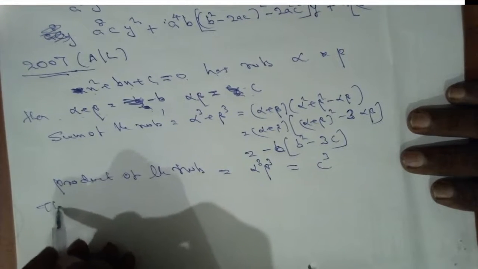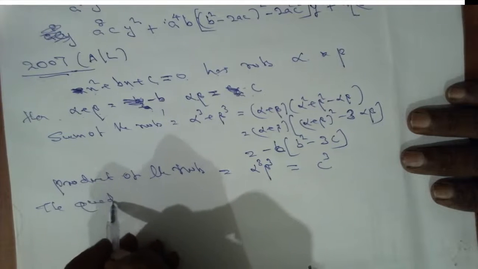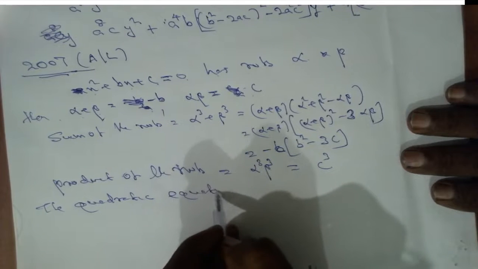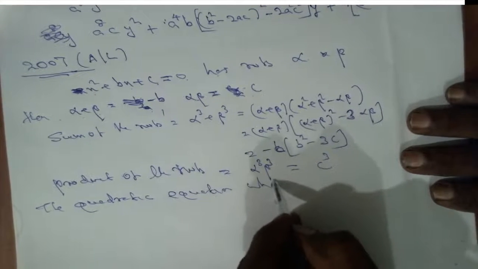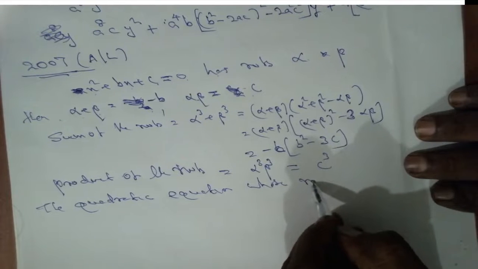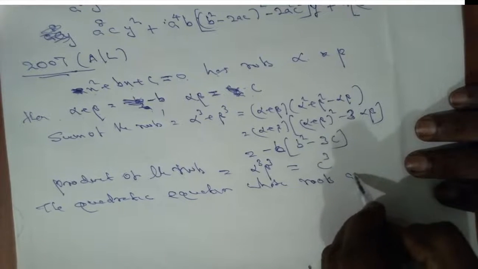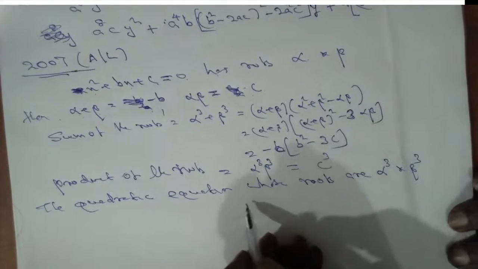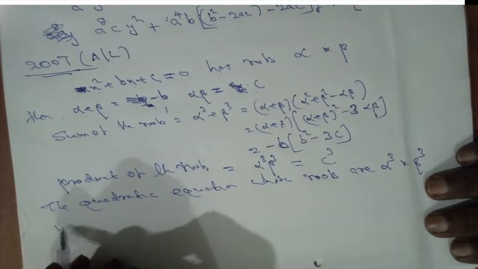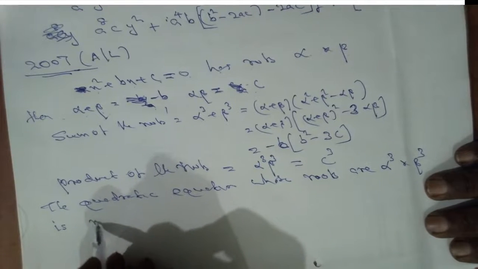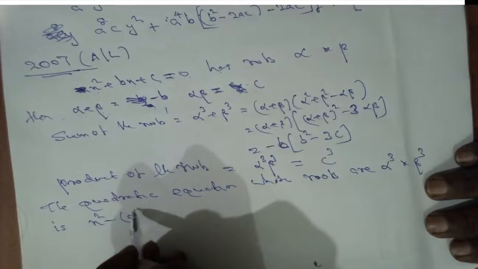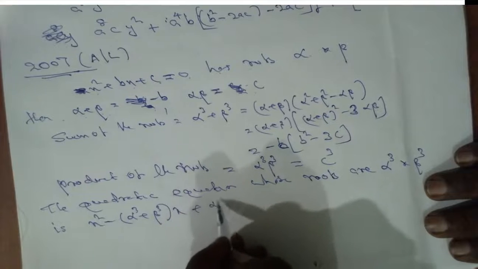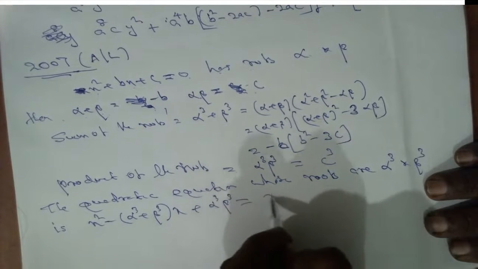The quadratic equation whose roots are alpha cube and beta cube is x squared minus alpha cube plus beta cube times x plus alpha cube beta cube equals 0.